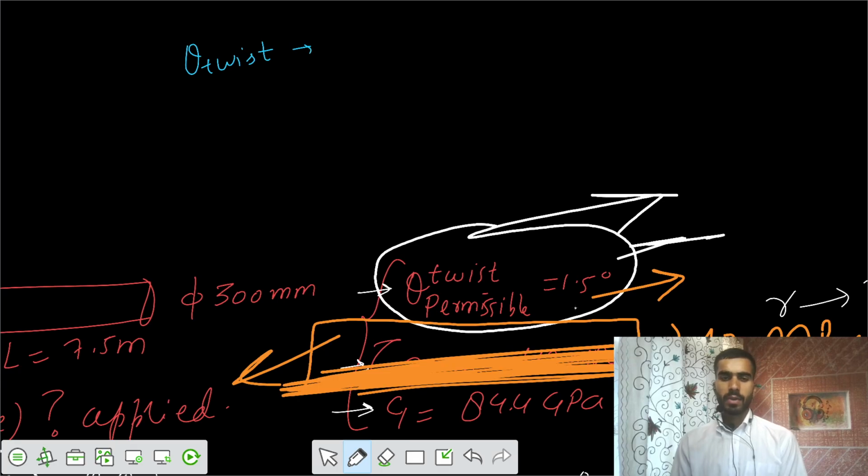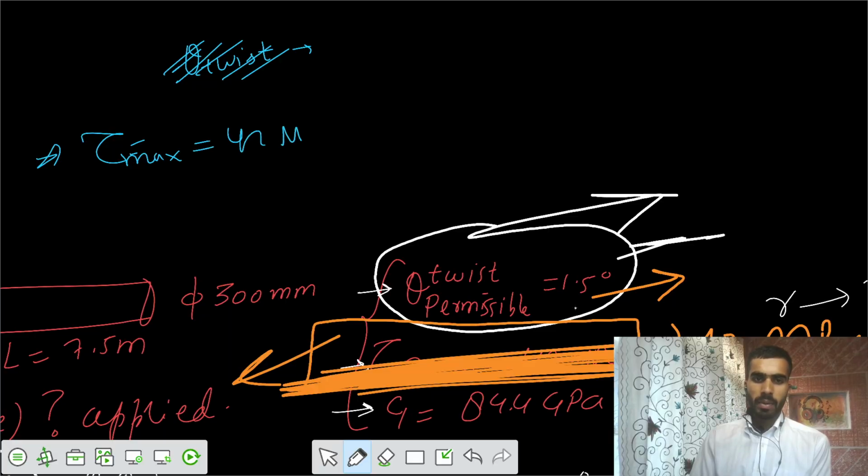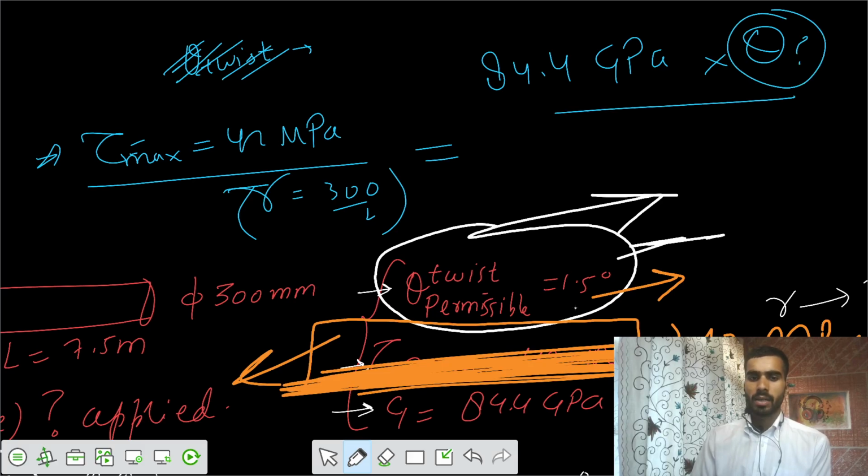If I go for the tau max initially, I can keep it as 42 megapascal, and I write tau max by r, where r would be 300 by 2. Then tau by r equals G theta by L, with length 7500. So I can get the value of theta, how much theta I can keep.